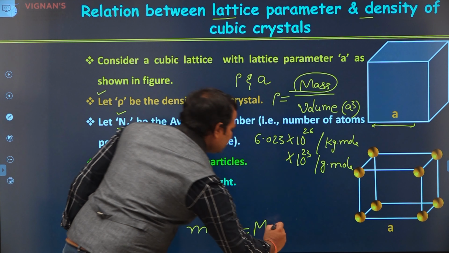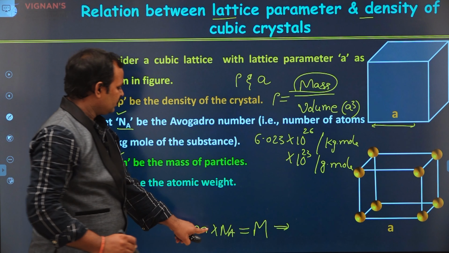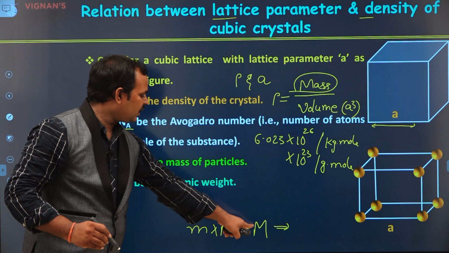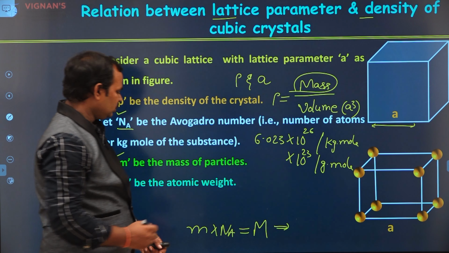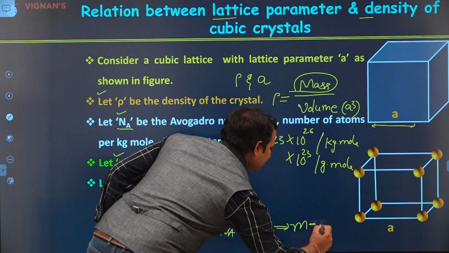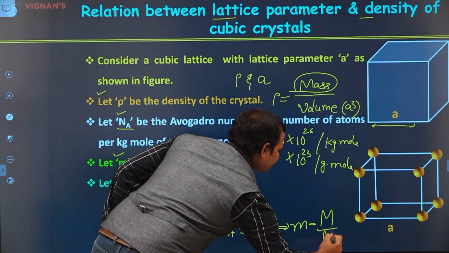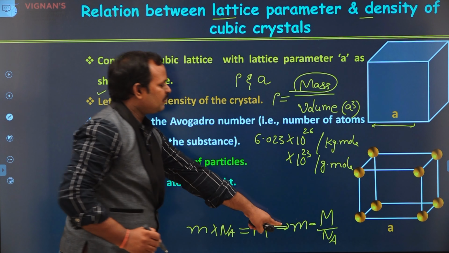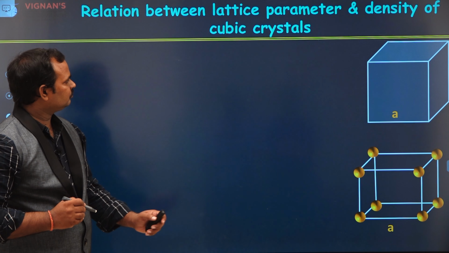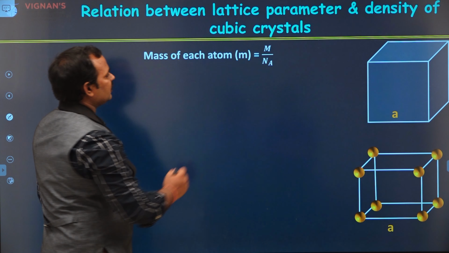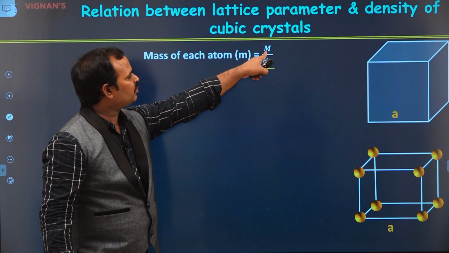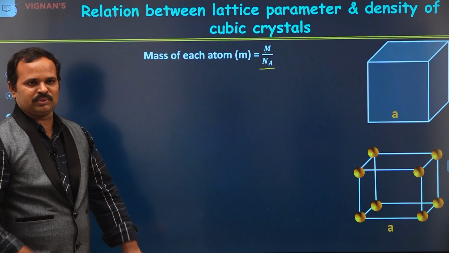So from this, we can write the mass of each atom in terms of the Avogadro number and atomic weight: m is equal to capital M by Na. So this is the mass of each atom in the unit cell. Here M is the atomic weight, Na is the Avogadro number.